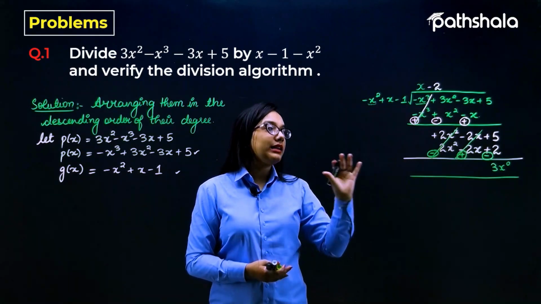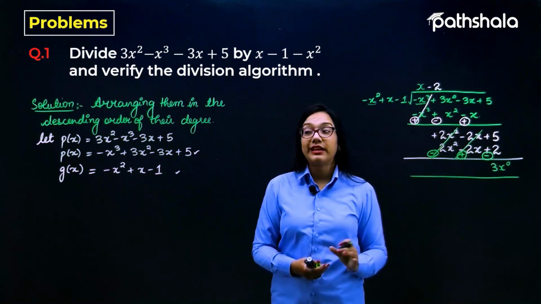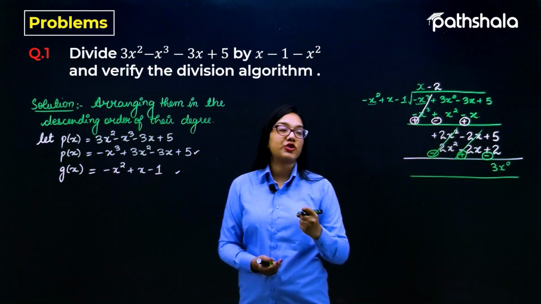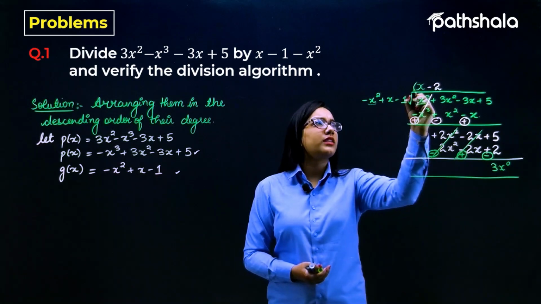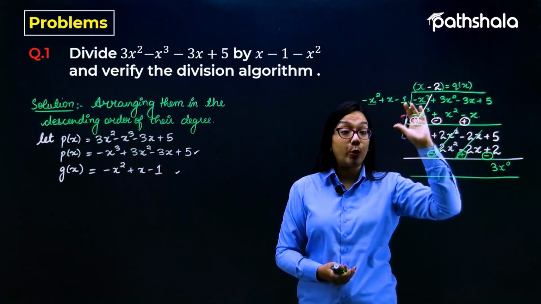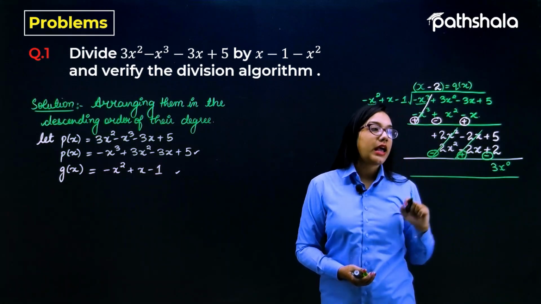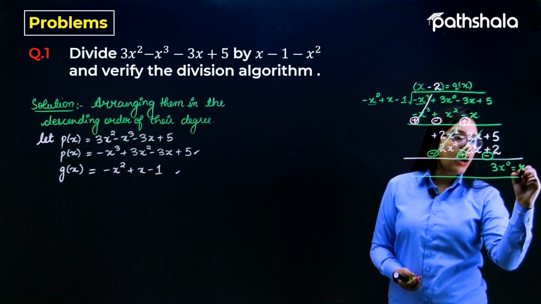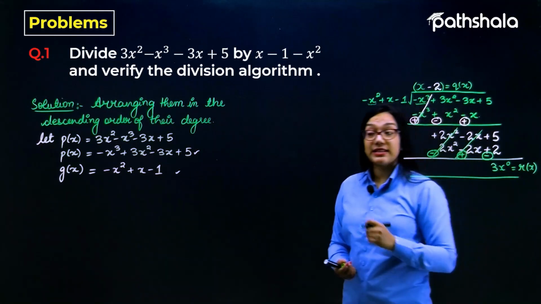So at the end, how can we represent it? We can represent it in a very special manner. Let us suppose I am calling this x minus 2 as q of x, and I am taking the remainder as r of x.